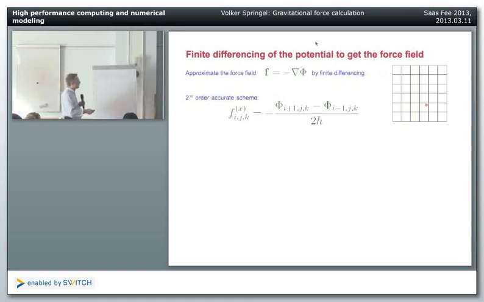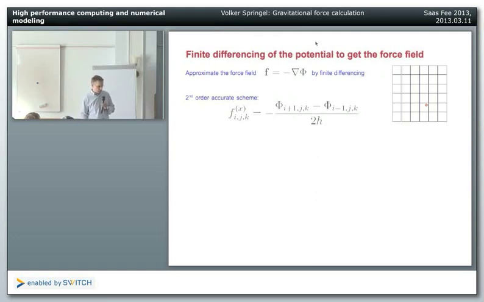For example, via finite differencing, you take such a finite difference formula. This is what, for example, would be the force in the x direction. You would like the partial derivative in the x direction, and typically would do this by differencing the left and the right cell around a given cell. Take the difference, divide this by 2 times the grid spacing. That is a derivative estimate.